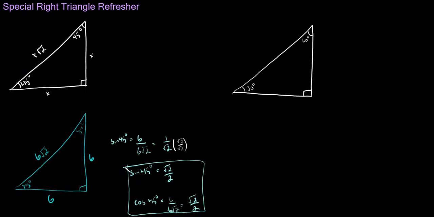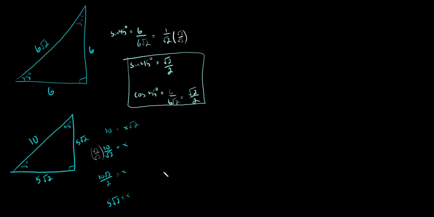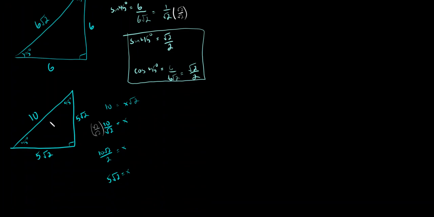I would end up with the exact same result if I did sine and cosine of 45 degrees for this right triangle here. If I did sine of 45 degrees, I would get 5 root 2 over 10, which reduces to root 2 over 2.